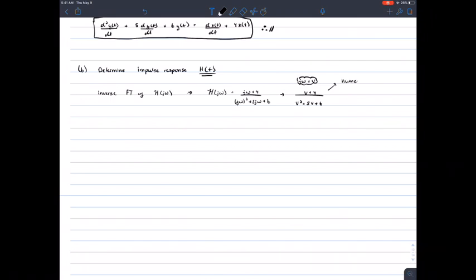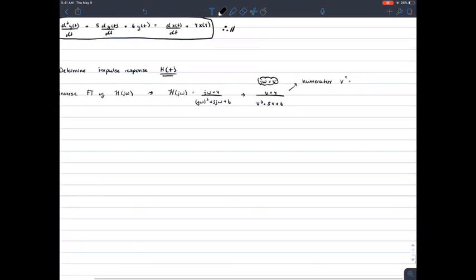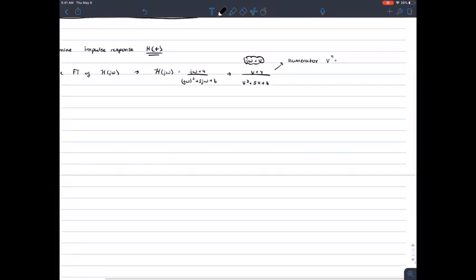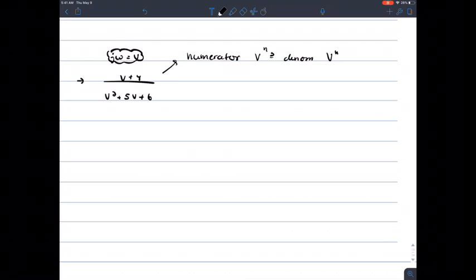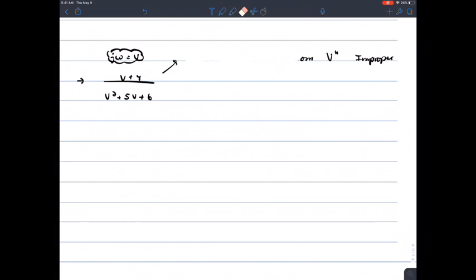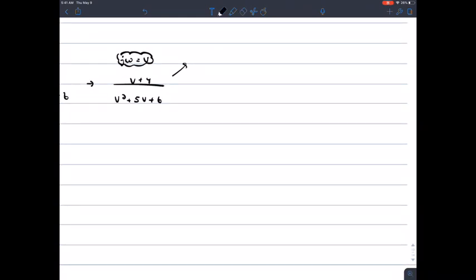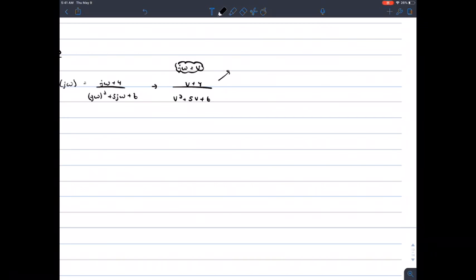If the numerator degree power, like v to some n, is greater than or equal to the denominator's v to the n, then it is improper and you must do a division, polynomial division, or as other people know it, long division.